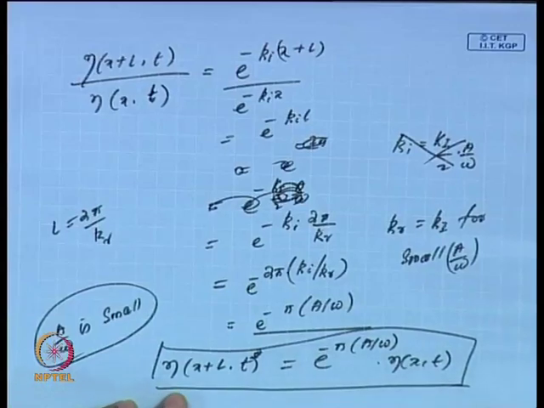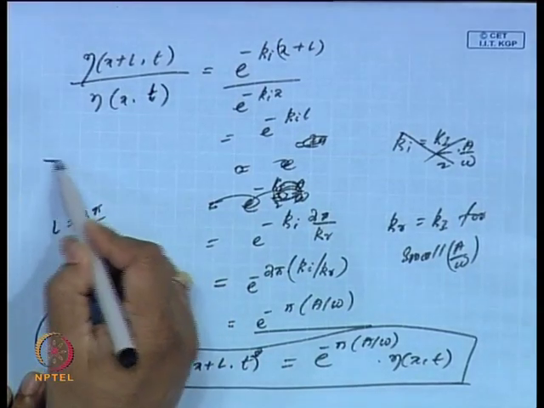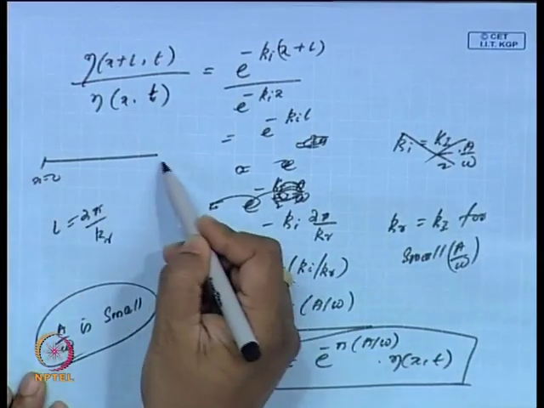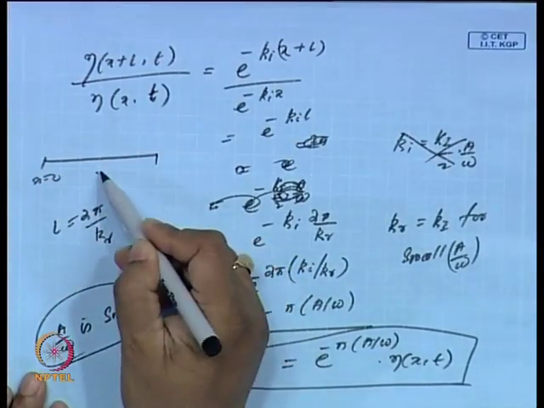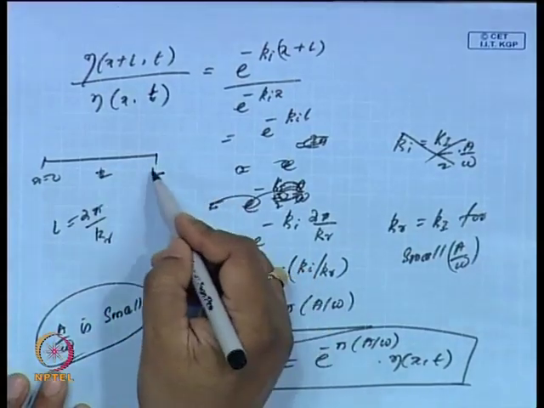So, that means over one wavelength, again we can see that it covers from x equal to 0, this is L, L is one wavelength.